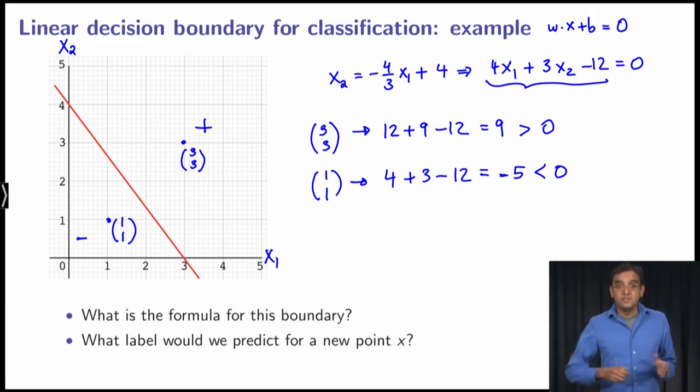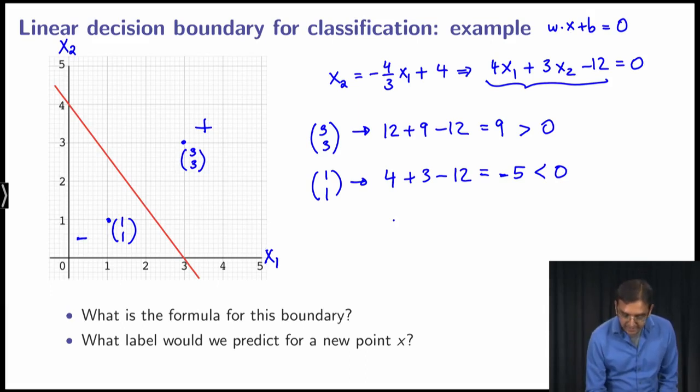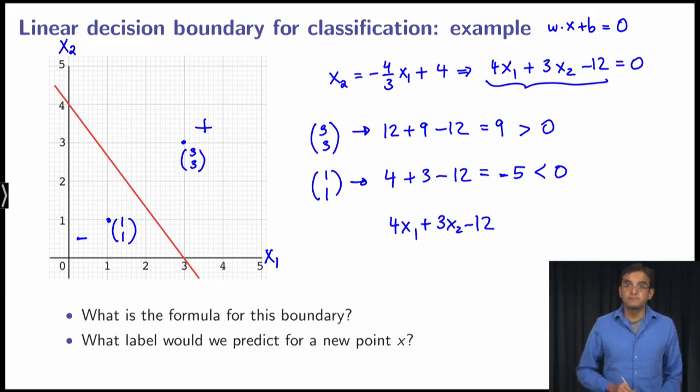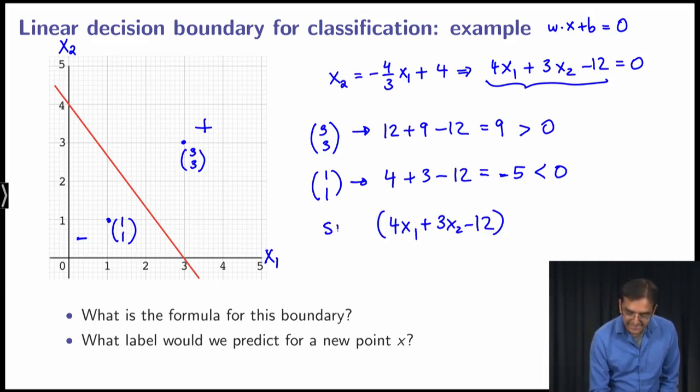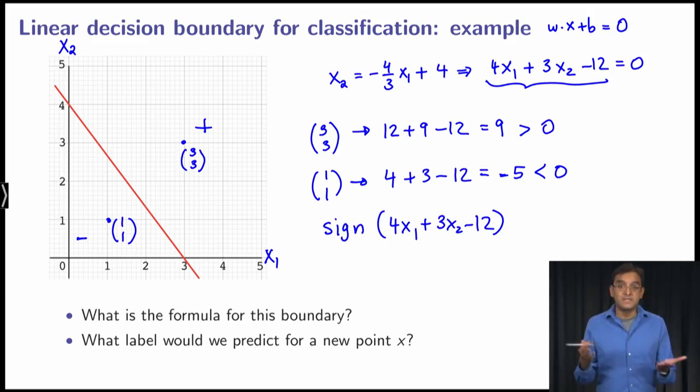So the classification rule is very simple. When we get a new point, we simply compute our linear function, which is 4x1 plus 3x2 minus 12, and then we look at its sign. If it's a positive number, we say the class is plus 1. If it's a negative number, we say the class is minus 1.